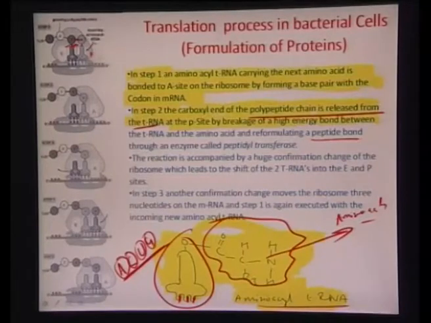Okay. So, the enzyme that does this activity is also known as the peptidyl transferase. This is an enzyme which would be able to break the high energy polypeptide chain from the transfer RNA and at the same time suture the peptide linkage between the 2 amino acids.